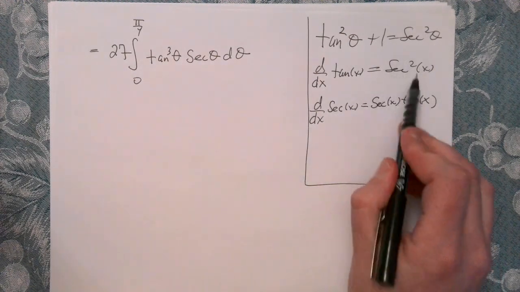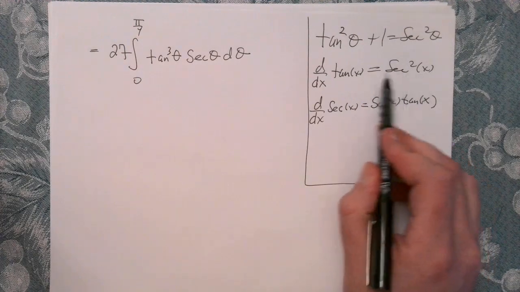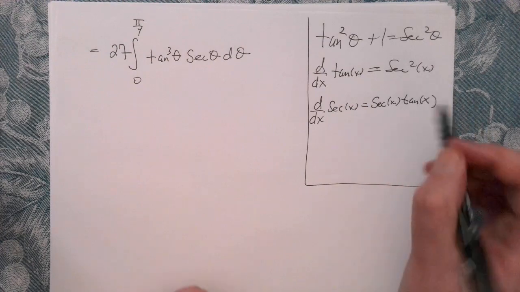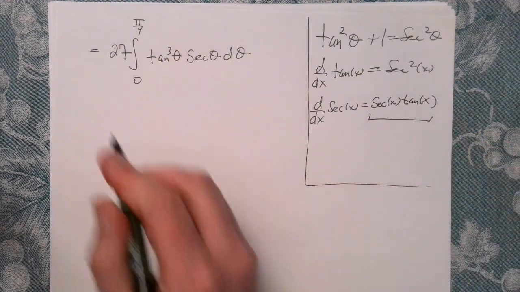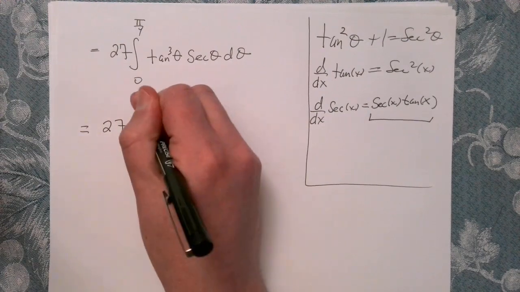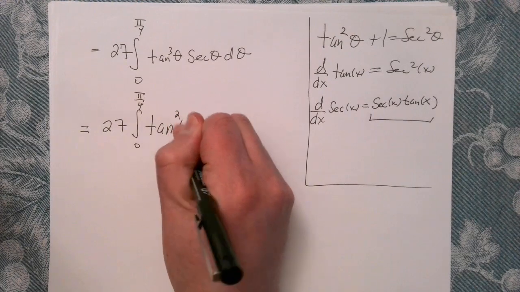Okay, well, looks like a couple options to try. Maybe I can try sliding over a secant squared. That's not so helpful or obvious. But maybe I can try sliding over a factor of secant and a factor of tangent. Maybe that'll help me with a u sub. So here's tangent squared.